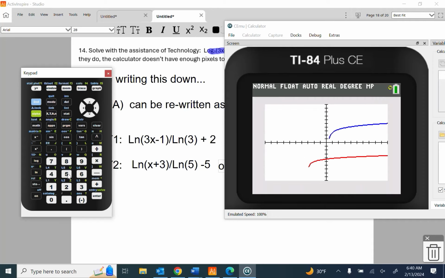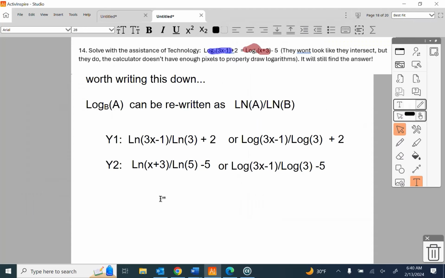Second trace 5, and I'm just going to press. I think you actually have to get your cursor on one of the functions, so it's blinking, and then enter, enter, enter. There she is. We go to the fourth decimal place on logarithms, 0.3337.